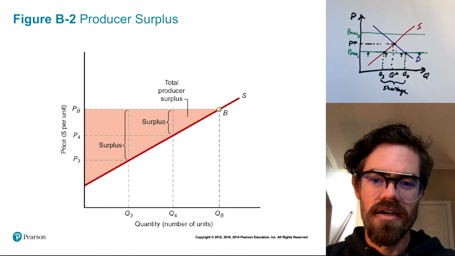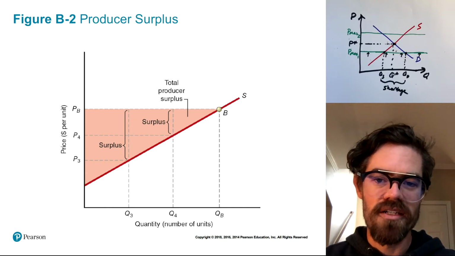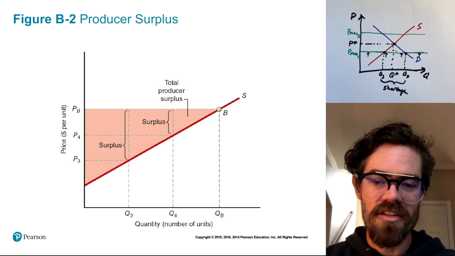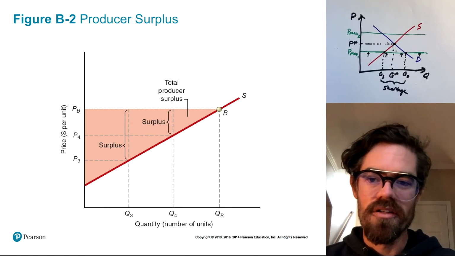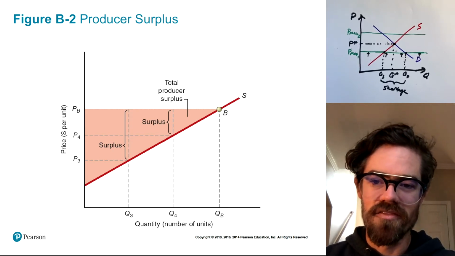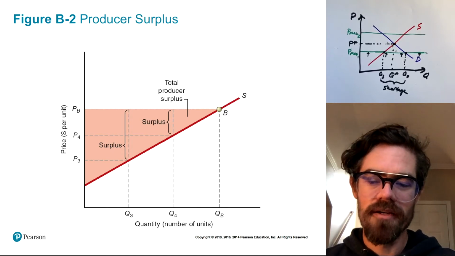For the seller that sells unit Q3, they'd be willing to sell at a price P3, that'd be their minimum selling price, but they're able to sell at PB in the market, and so the difference between PB and P3 is their producer surplus. If we add up all of the producers' surpluses, then we get total producer surplus, and that's given by this red triangle here.